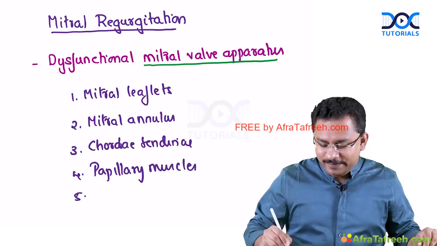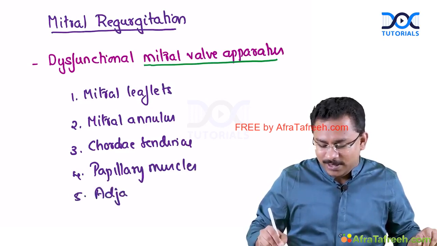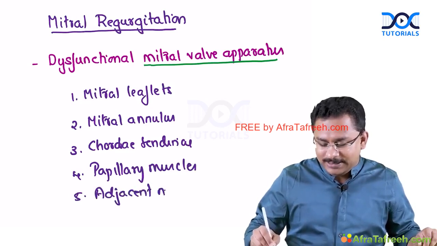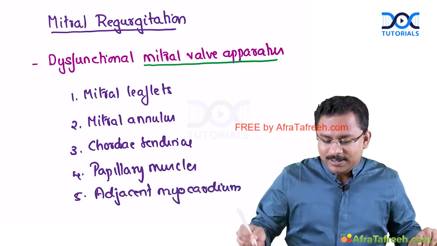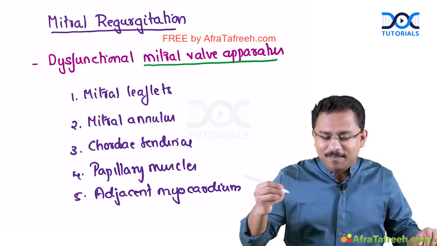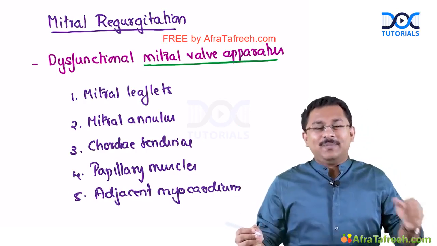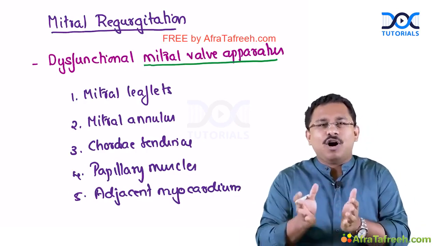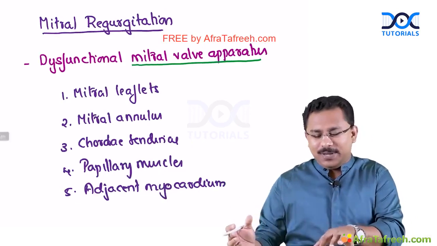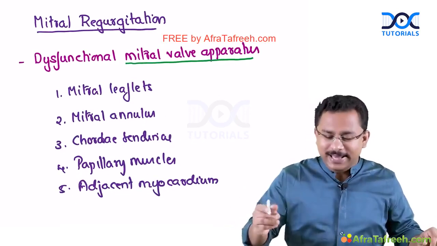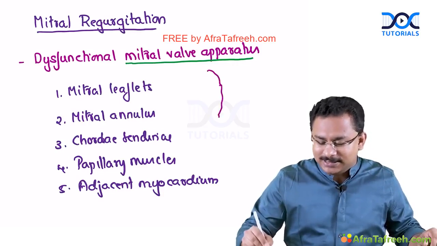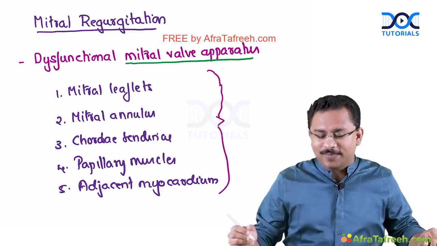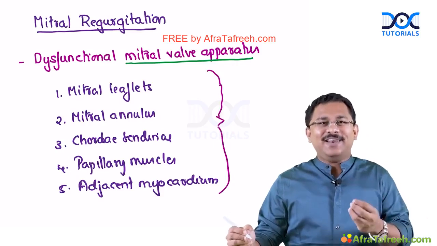And number 5, the adjacent myocardium. When I say adjacent myocardium, I mean the supporting wall of the left ventricle. Together, all these structures form the mitral valve apparatus.